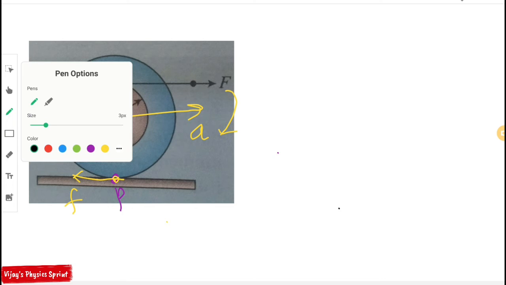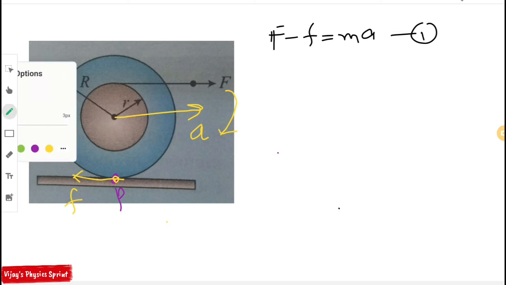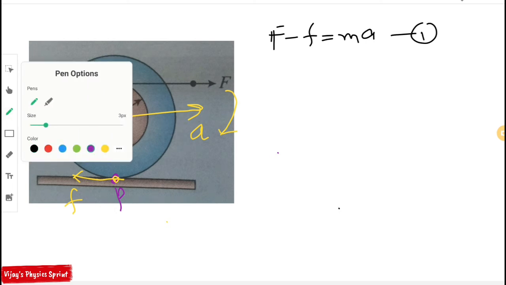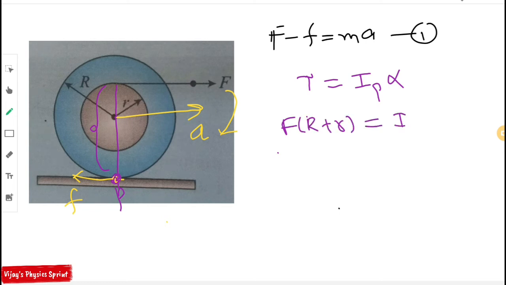Applying translational equilibrium, the net force equals ma, equation 1. Now about point P, applying torque, tau is equal to Ip alpha, where Ip is the moment of inertia about point P. The distance is R and this is R plus r, so the total distance is R plus r. Force into perpendicular distance equals Ip times a by R.